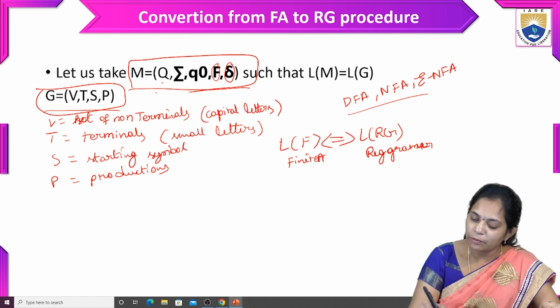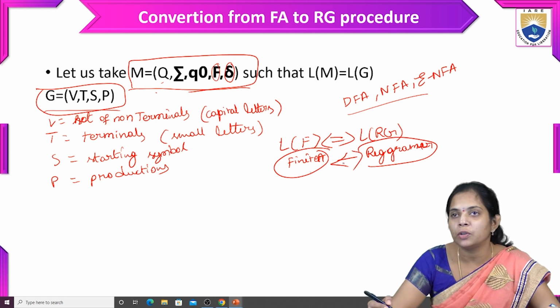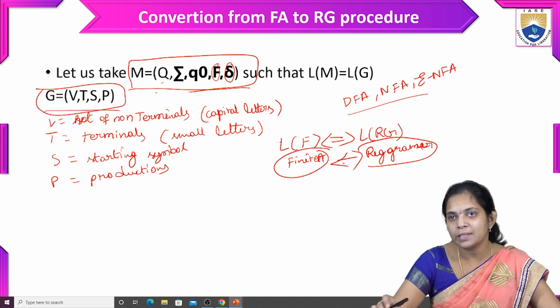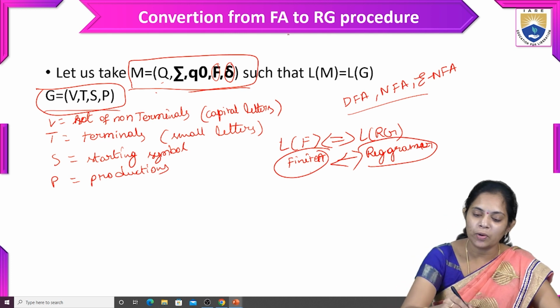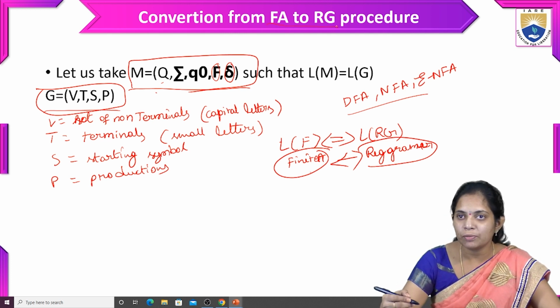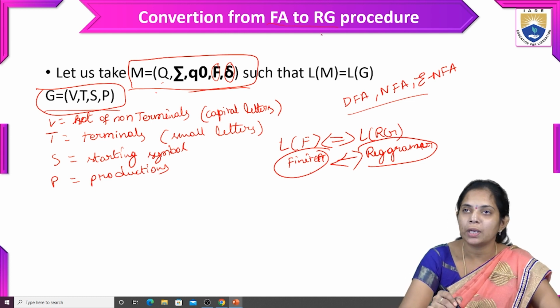We can convert from regular grammar to finite automata, and we can also convert the finite automata into a regular grammar. So this is the equivalency between the finite automata and the regular grammar. In this video, we would like to explain about the finite automata to regular grammar.